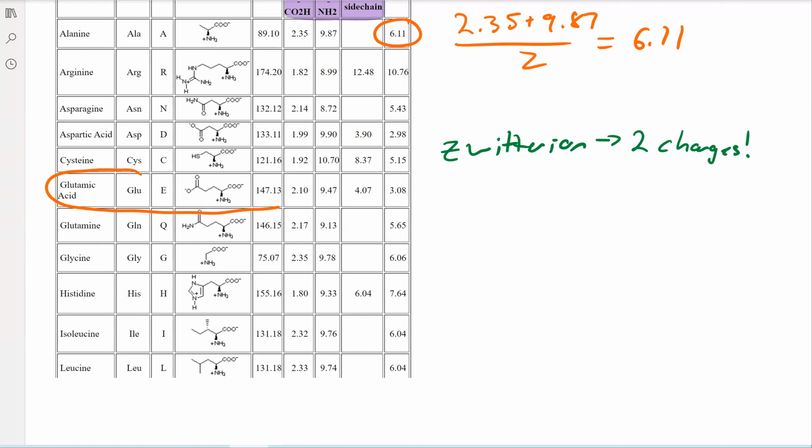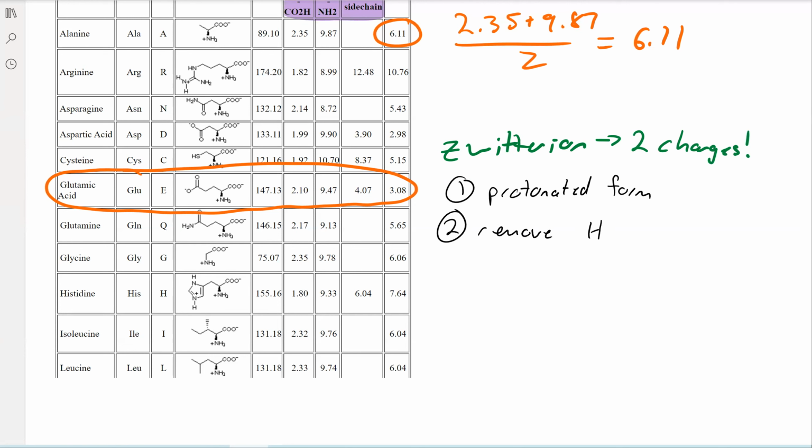So here's glutamic acid. Right, step 1, I would draw it in its fully protonated form. So all the acidic and basic compounds are protonated. And then in the second step, remove H pluses until we have a net 0 charge.